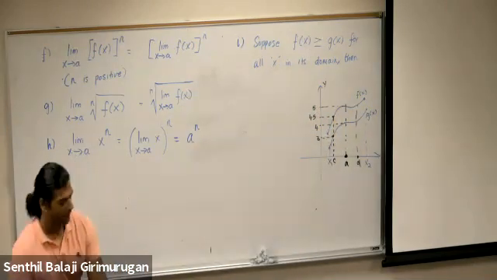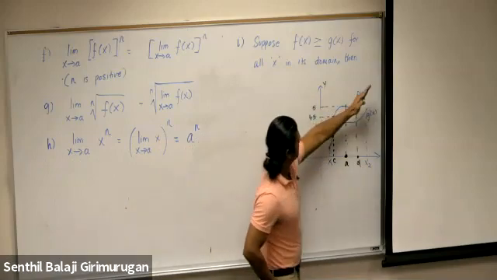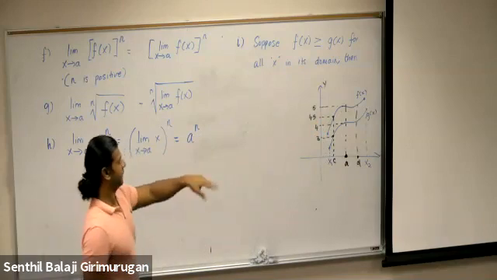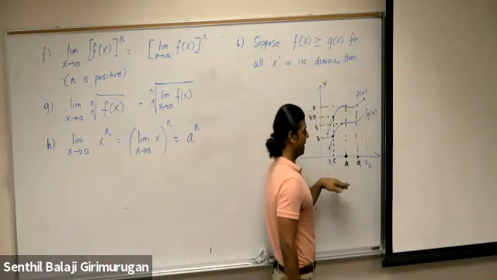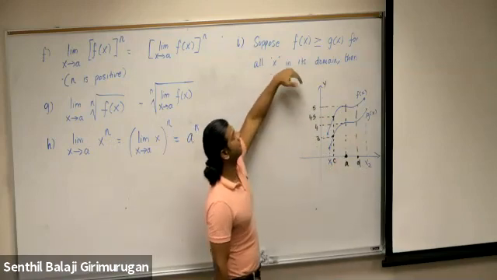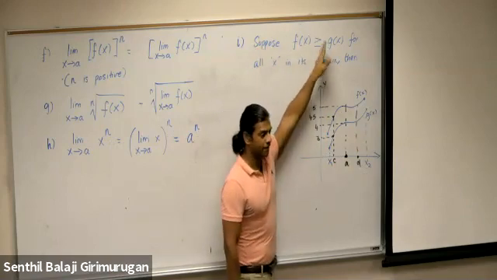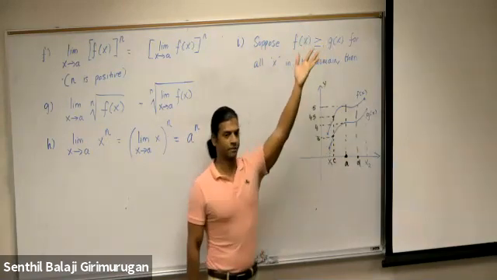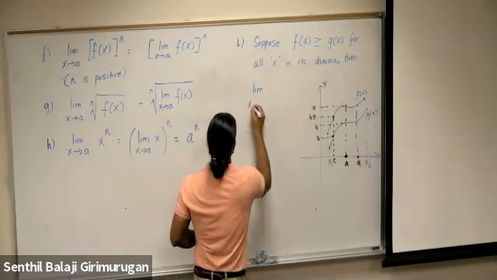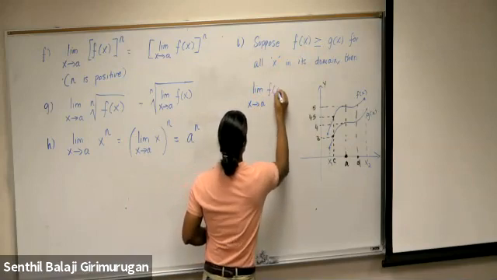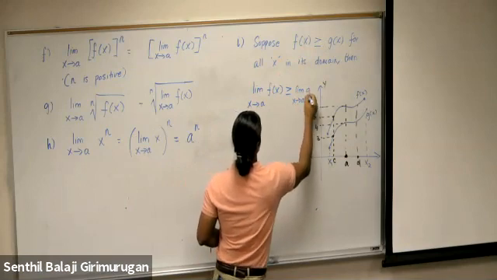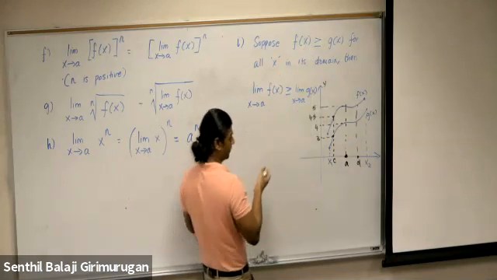But if f of x is bigger than g of x in its entire domain, then no matter what point you pick between x1 and x2, every point will have a limit for f of x that is bigger than the limit for g of x. Do we agree? Okay. That must be true.